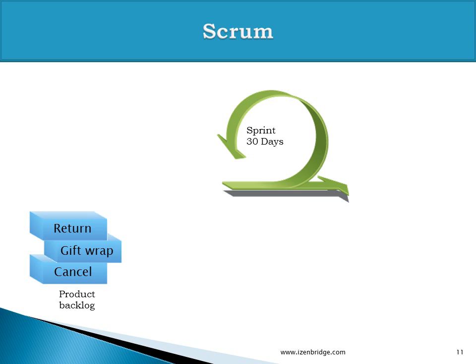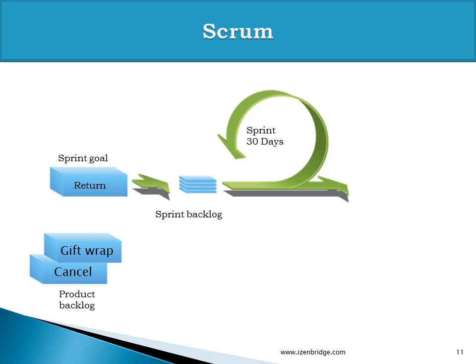We think of a duration, that this is how we are going to explore our product or our requirement. This would be the duration of that exploration cycle. And then the team, on the basis of their delivering capacity, takes items from the product backlog for creating a sprint backlog which will get worked on during the sprint.